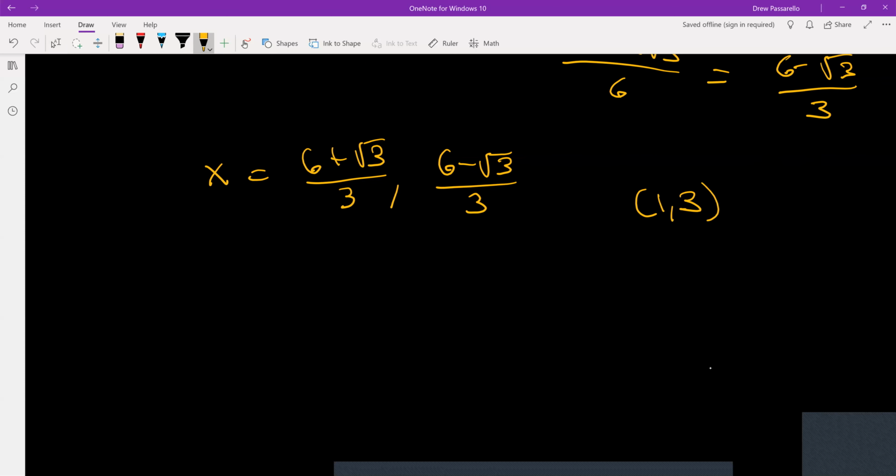And you could think of this as x equals 2 plus the square root of 3 over 3, because I would separate it as 6 over 3 plus square root of 3 over 3. 6 divided by 3 is 2. And then this is 2 minus square root of 3 over 3. Both of these lie inside the interval.